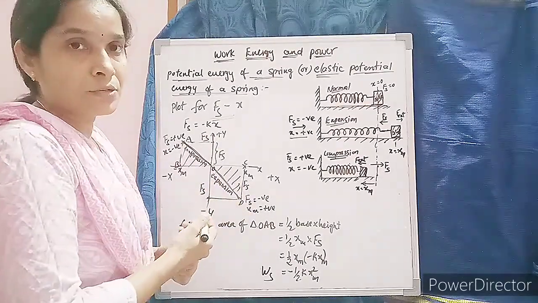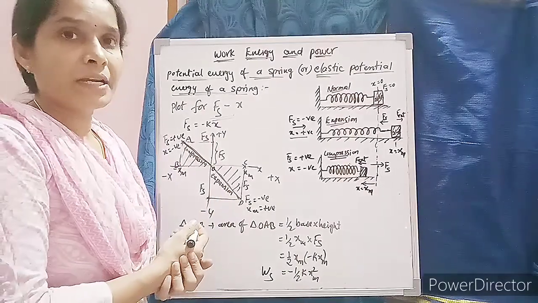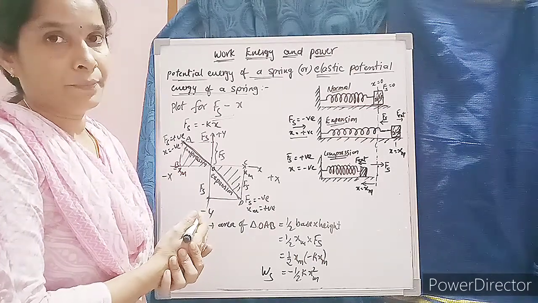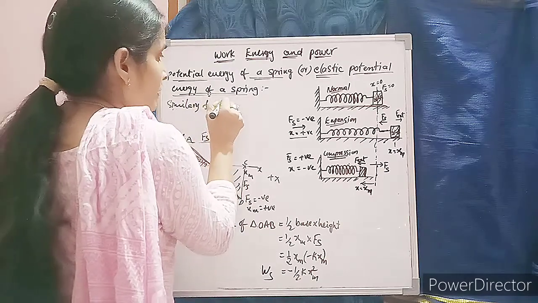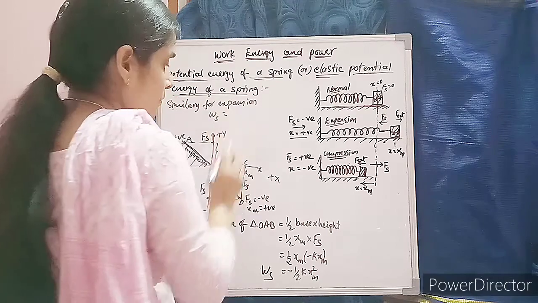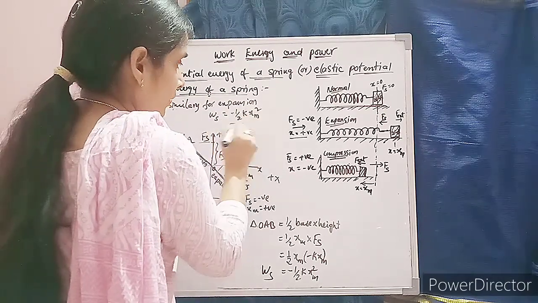Now Fs is equal to minus kxm, and work done is equal to minus half into kxm into xm. For expansion, work done is equal to minus half into k xm square.